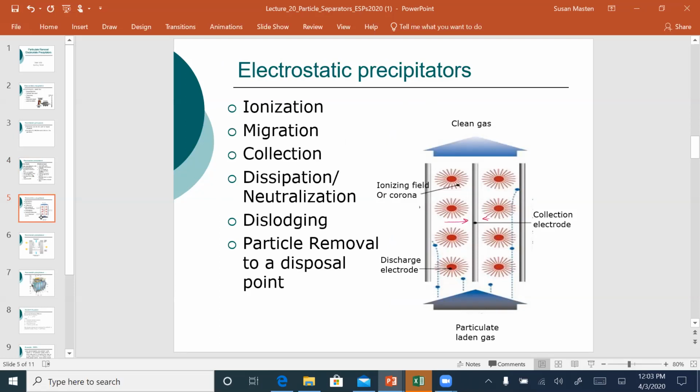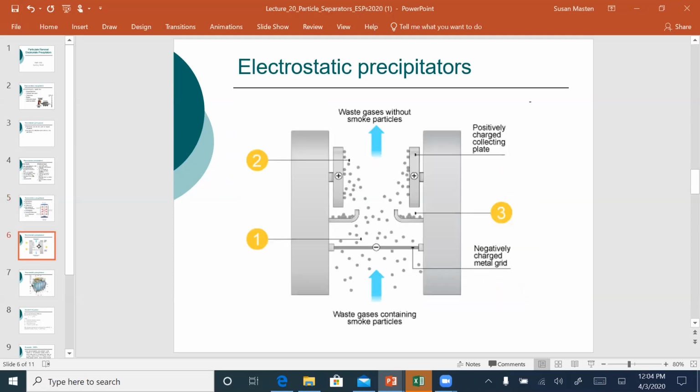They collect on that surface. Then you can change the charge on this electrode, so basically you're going to neutralize the charge. Then when you change the charge, you dislodge these particles, and you can collect them. And you can see that in this image here.